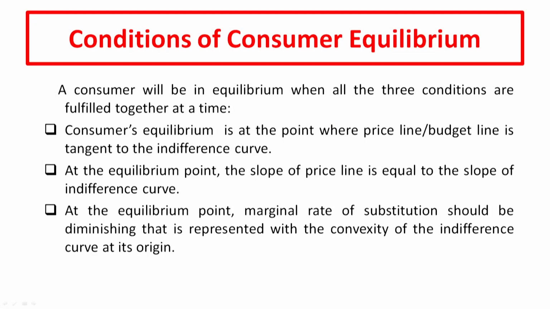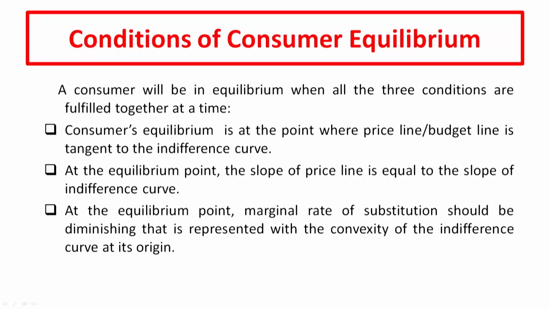Condition of consumer equilibrium. This is the most important point in order to locate the point of consumer equilibrium. All these three conditions need to be satisfied at a particular point in order to say consumer is in equilibrium.